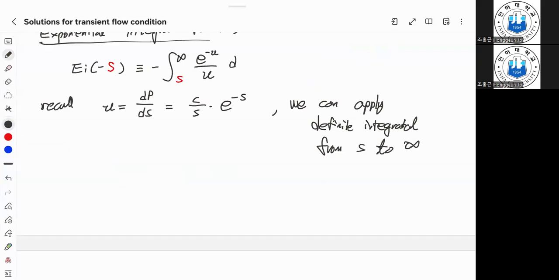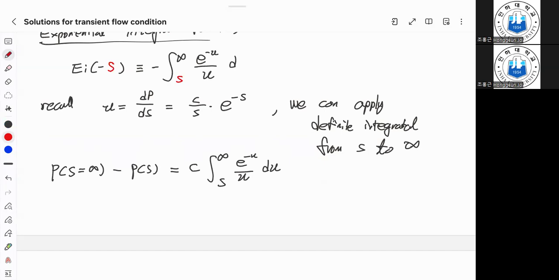So p of s equal to infinity minus p of s is equal to, the constant is a constant, so we can take the constant out, and the rest of this becomes minus the integral from s to infinity. I'm going to use a different variable here, minus u du.